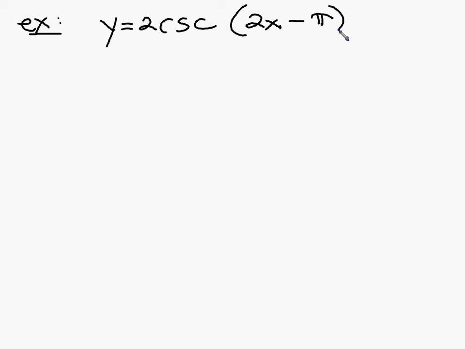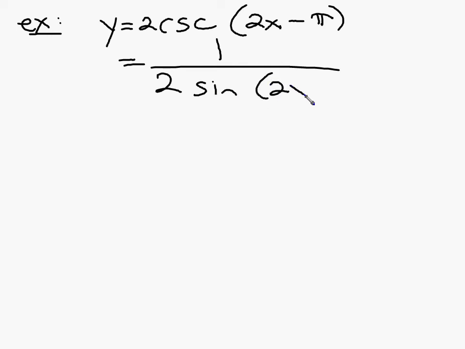Well, all you have to do is first off remember that this is the same thing as 1 over 2 sine of 2x minus pi. Okay, that's the most important thing to remember, is that if you see that 2 cosecant of 2x minus pi, it is related to sine.